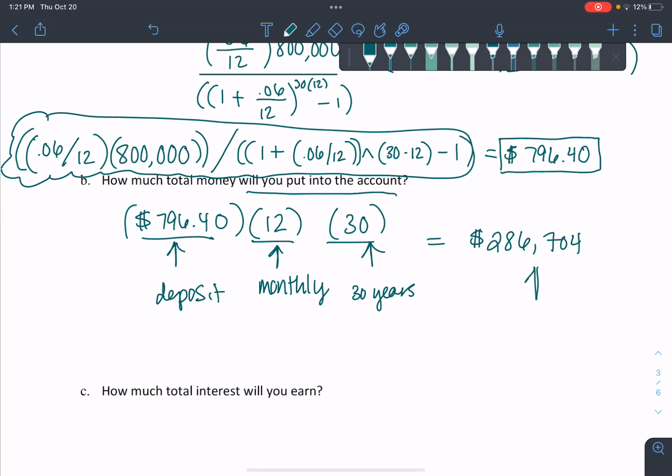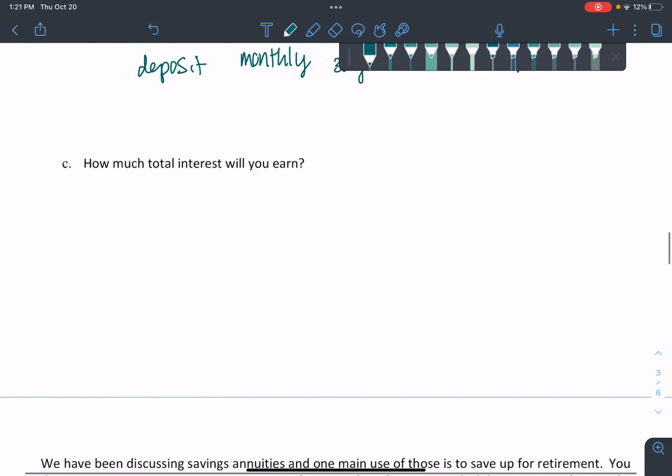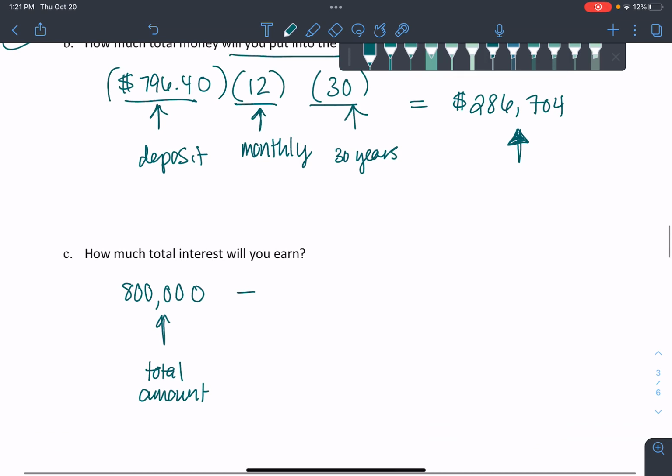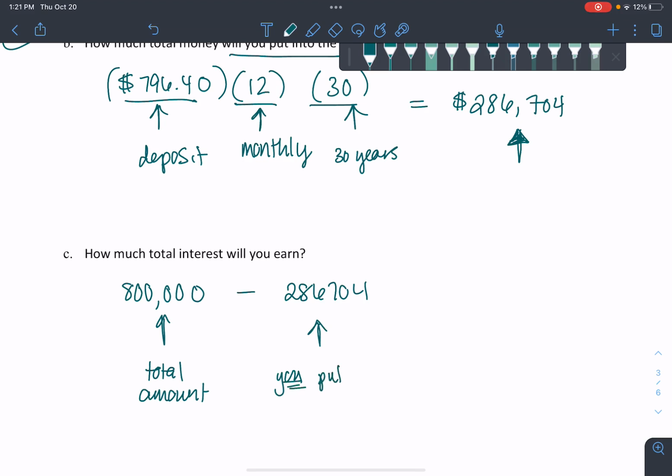So what is that exactly? That is what Jose put in the account. Now, how much interest will you earn? Well, what you'll earn is the total amount in the account minus what you put into it. So the total amount in the account was 800,000, right? So 800,000, which is the total amount, minus the 286,704, which is what you put in.